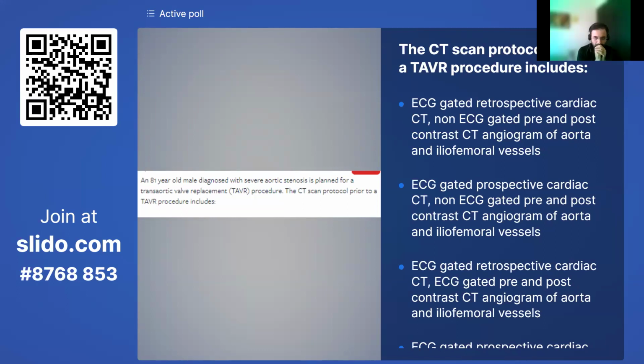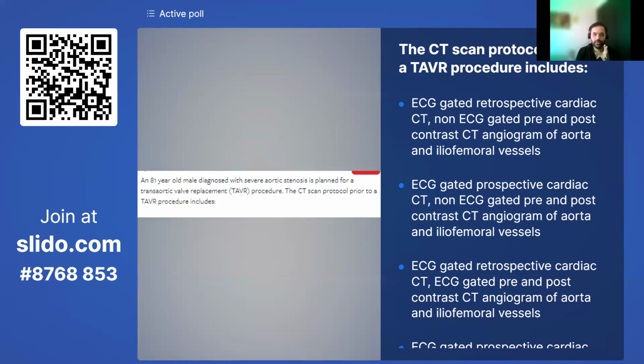So here, I think the question came down to choosing whether for the CT angiogram pre and post contrast, it needs to be ECG gated or non-ECG gated. Correct. They chose ECG gated prospective cardiac CT, but I thought that the CT angiogram of the vessels didn't necessarily have to be ECG gated, so I chose option 2, I think.